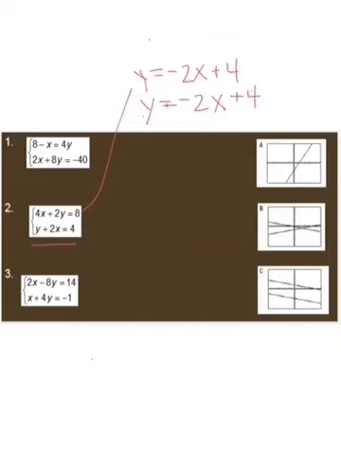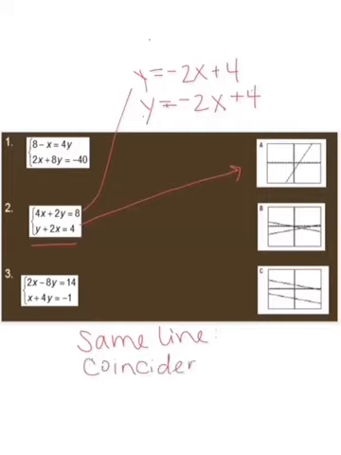And these two clearly have the same slope. They have the same y-intercept, so they are truly the same line. So we call these coincident. If they're the same line, we say they are coincident, and they have the same slope, same y-intercept, and they have infinite solutions.